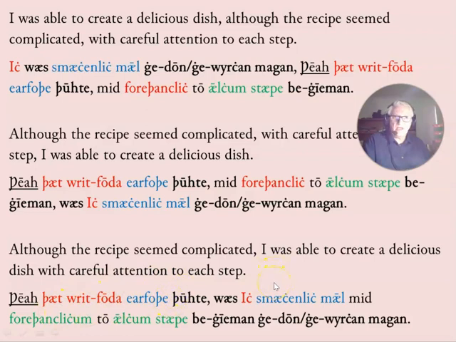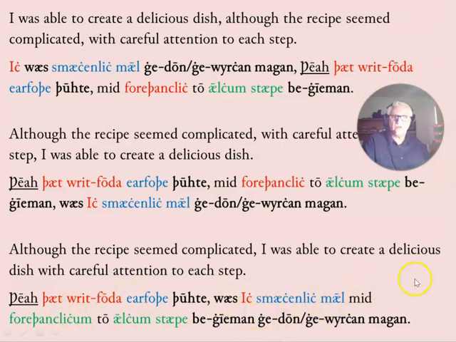All right, so careful attention is bejemen. So here I want to say, was I delicious meal with attention, with a careful attention to each step. Attention to each step, careful attention here, made, able to create, okay, and so on, delicious dish.